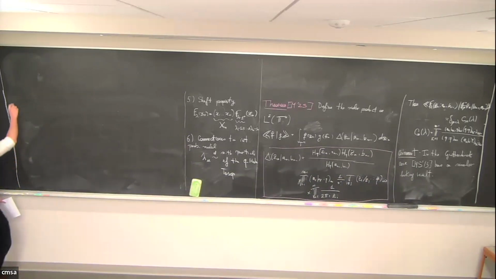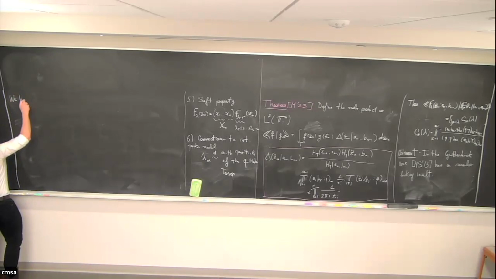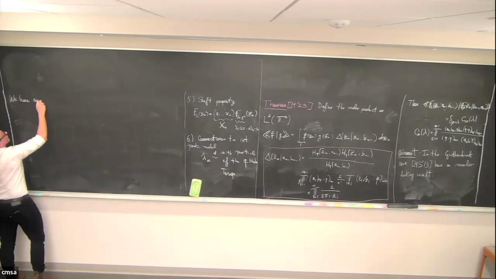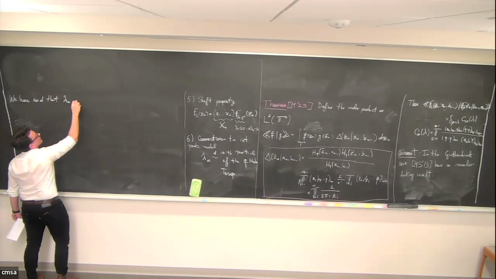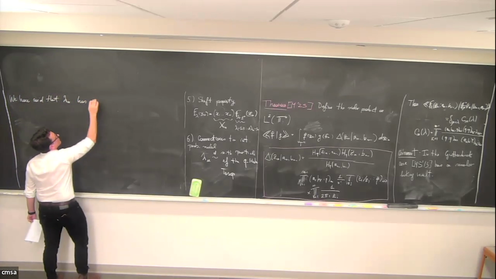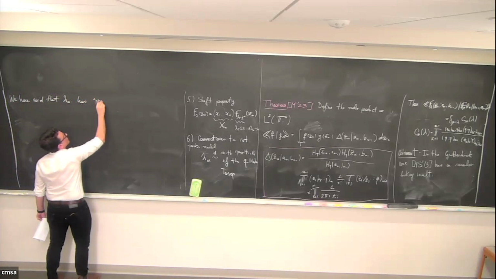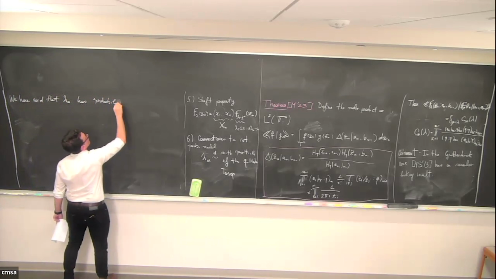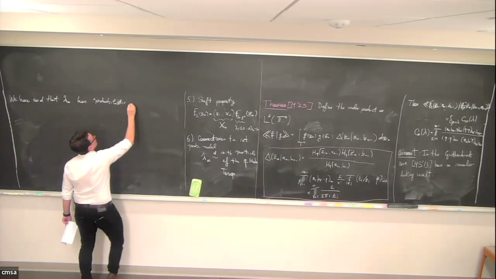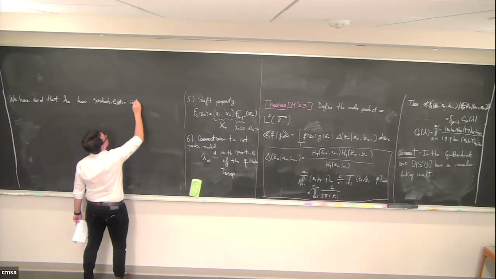So we have said that lambda_n has a probabilistic interest, right?